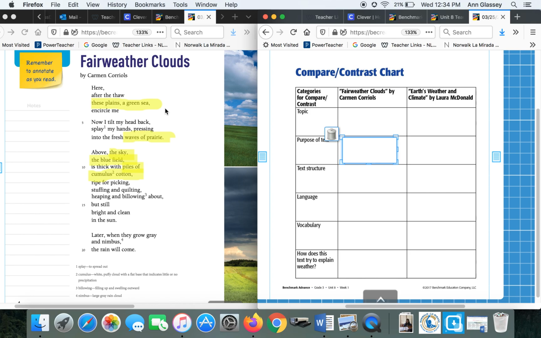Was the author trying to give you a picture in your head of clouds? Was the author trying to also maybe teach you something about clouds? Was the author trying to make you cry? What was the author's purpose in writing fair weather clouds?